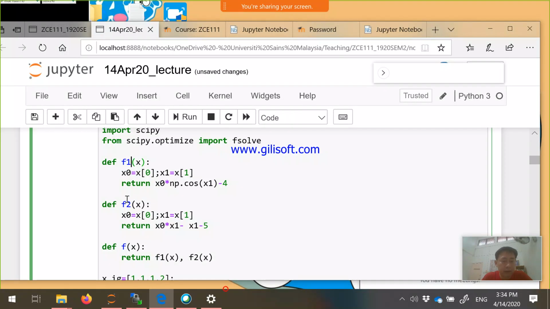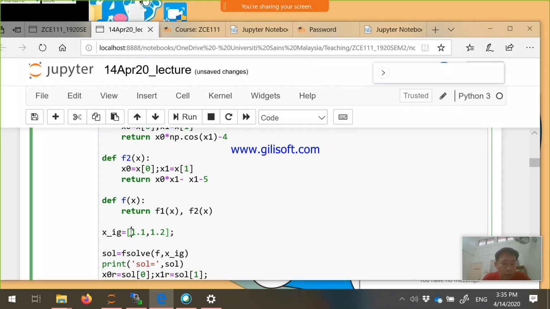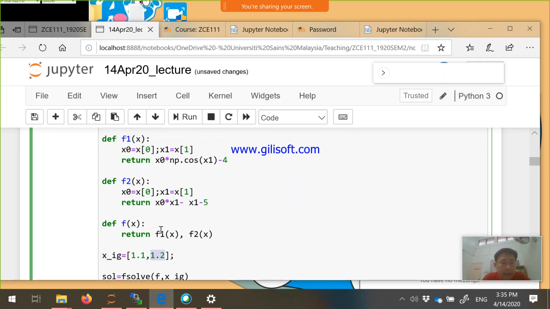So you define function f1 and f2, where the argument that goes into this function is actually an array. The array should comprise of the 0th element and the first element. Right? So this should be considered as x0. This should be considered as x1. Right?